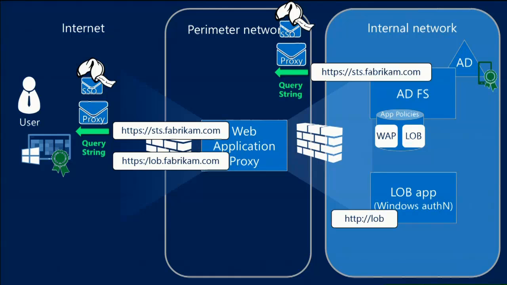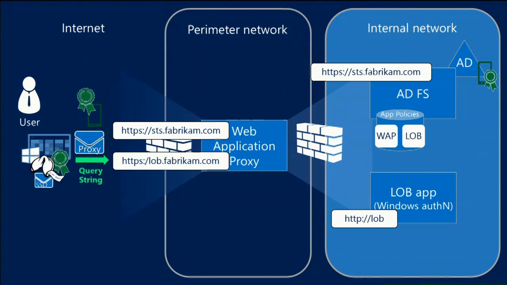The security token is passed over the query string, and then the device is redirected again to pass that security token through the application proxy, which does its own comparison and routes the traffic back to the line of business application. And we're not done there. This is a Kerberos-based application.